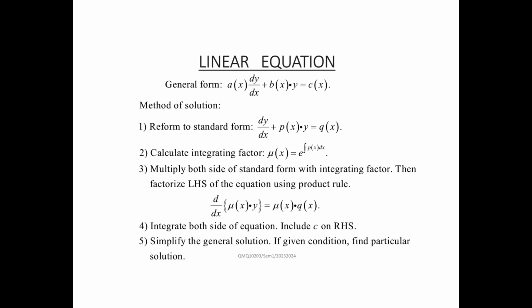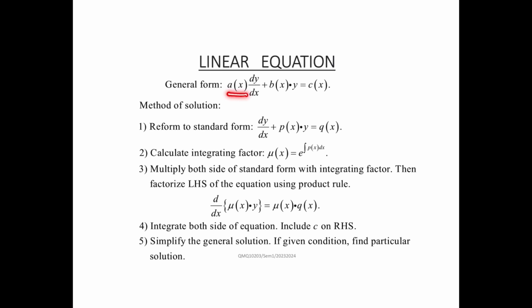Now when you confirm that the differential equation is a linear equation, we can proceed to the method of solution. First, reform the given linear equation into the standard form. The standard form means the coefficient of the derivative is supposed to be 1. So if you have a coefficient in front of the derivative dy dx, you need to divide every term by the function a(x).